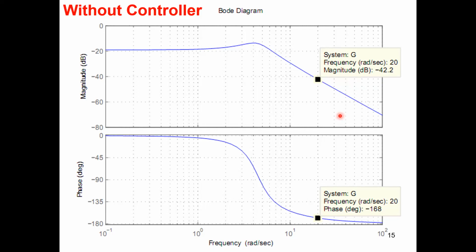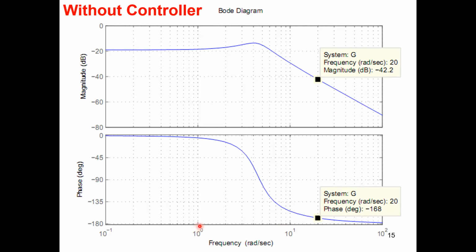Give it a try. Yes, that's okay. 60 radians per second. The phase angle is nearly 135. So 60 is this. This is 100. This is 10. This is 20, 30, 40, 50, 60. Sorry, 6 before this. 6 radians per second.